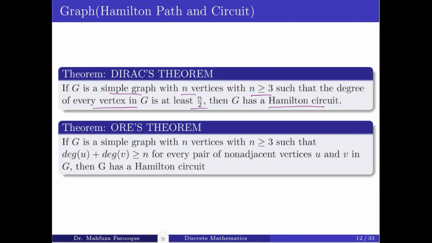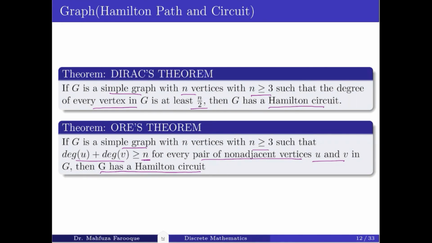There is another theorem that is sometimes applied to determine a Hamilton circuit. It states that if G is a simple graph with n vertices, where n is greater than or equal to 3, such that the sum of the degrees of u and v is greater than or equal to the total number of vertices n, where u and v are a pair of non-adjacent vertices, then G has a Hamilton circuit.